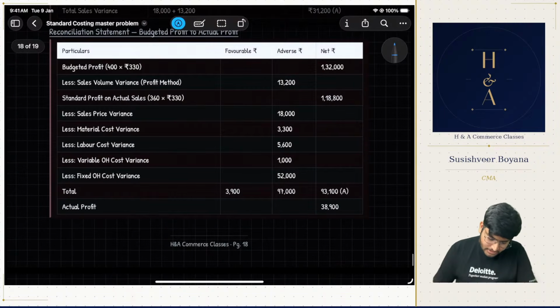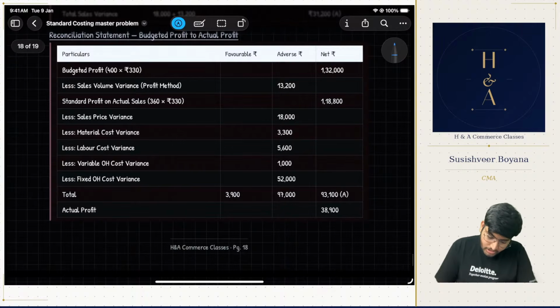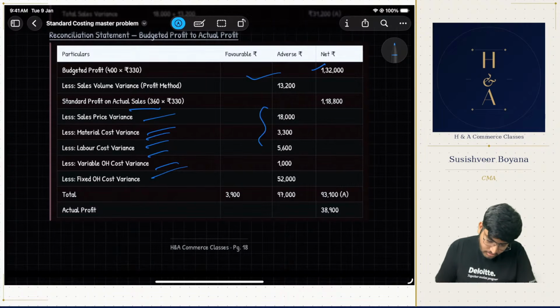So when the reconciliation is done, when he started from budget, reducing sales variance, okay, volume variance probably negative, hence we reduced standard profit on actual variance, add less, okay, we get adverse, we reduce it to 38,900.